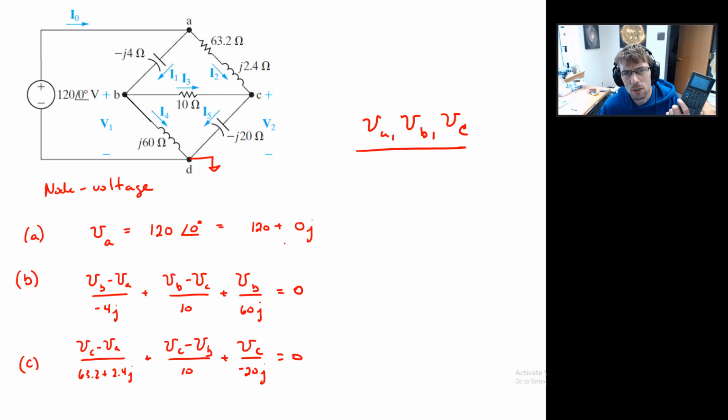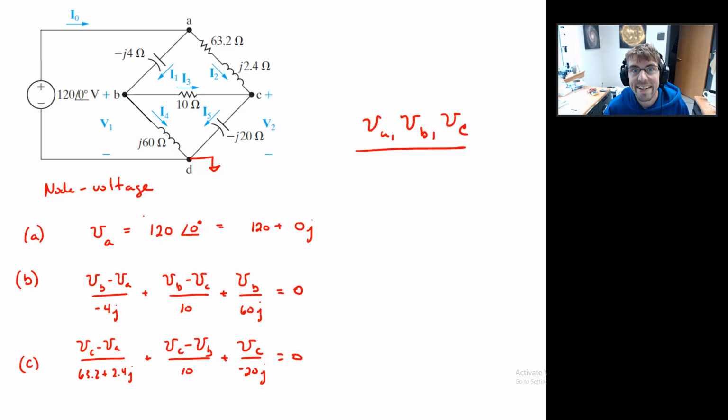This TI-82 won't do it. It gives me an error. So you'll have to check your calculator. Some calculators I do believe will do it. That being said, we could always throw this up into MATLAB. MATLAB will certainly handle these kinds of situations. So let's take a moment and get this into standard form.